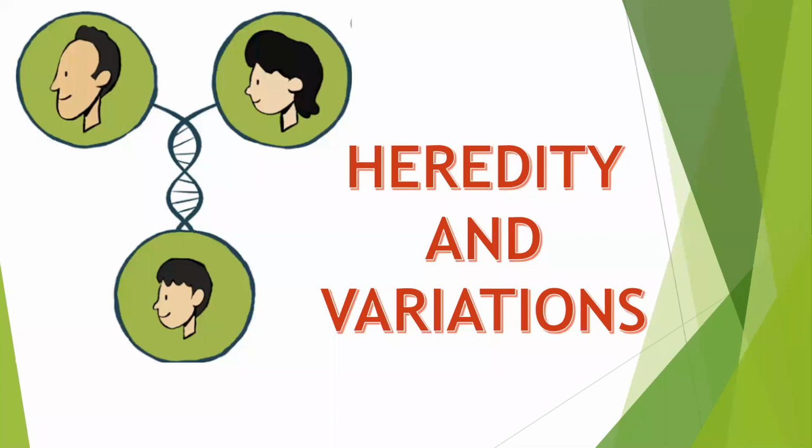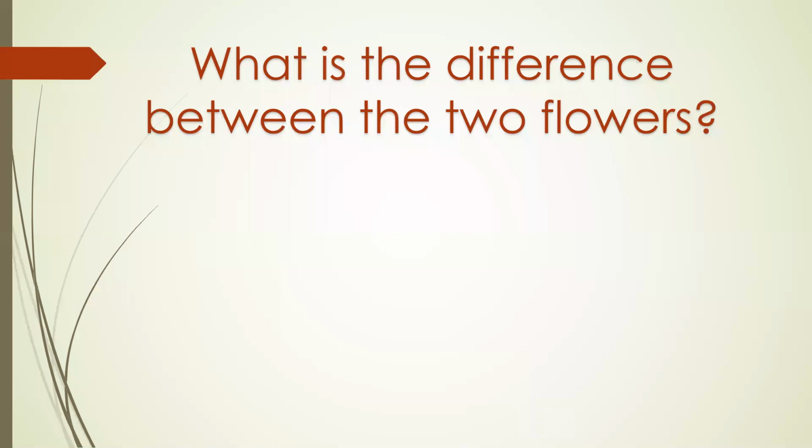So to begin with the chapter, we will start with some basic questions and answers. You will have to use your common sense, look at the picture and give the answer. Now, what is the difference between the two flowers? Now on the screen come the two flowers.